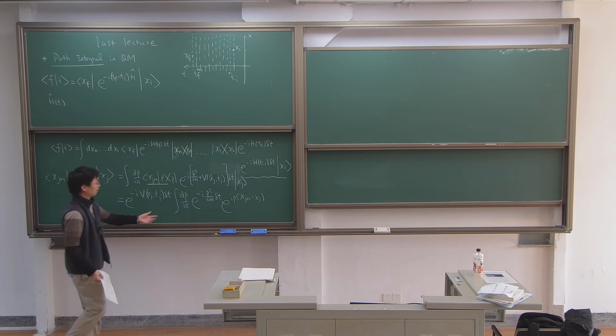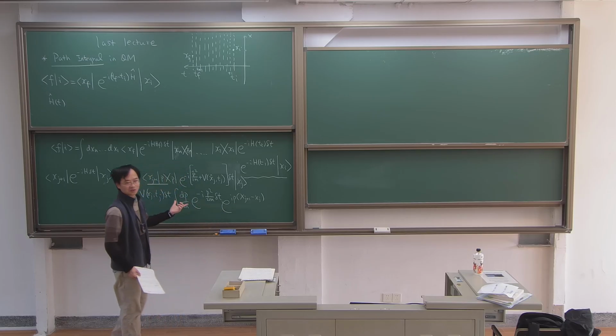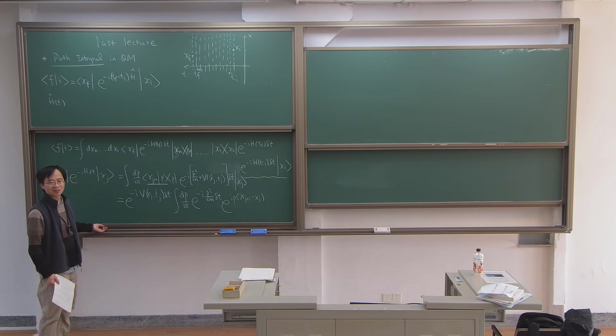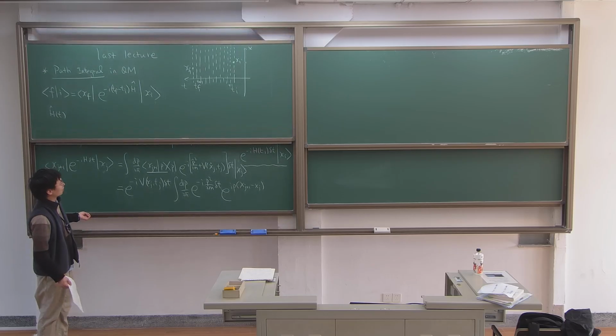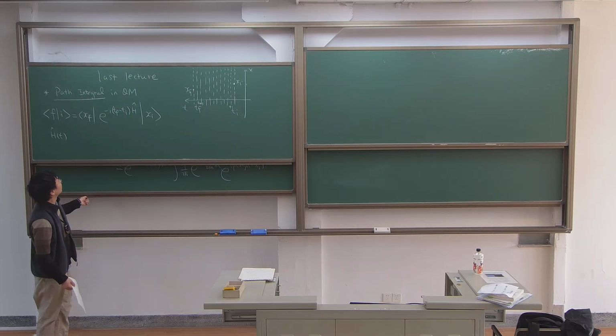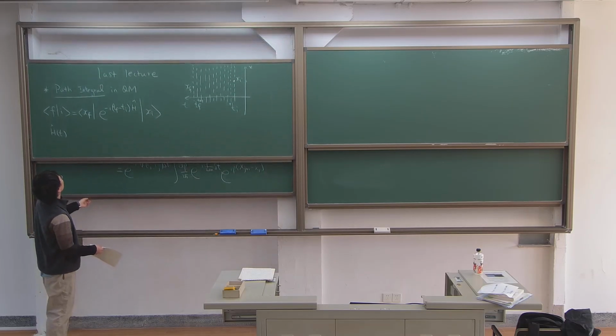Yeah, so this is what I get. Now you simply realize this is the Gaussian integral. You can calculate it explicitly. So you finish this p integral.